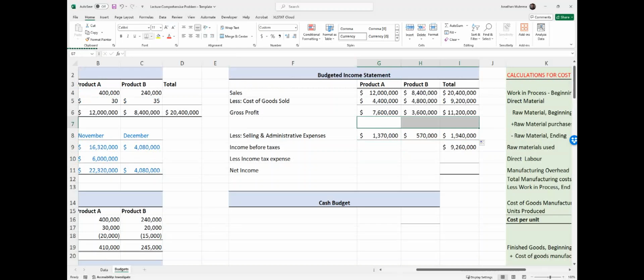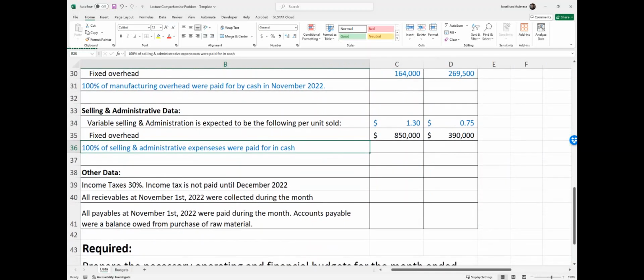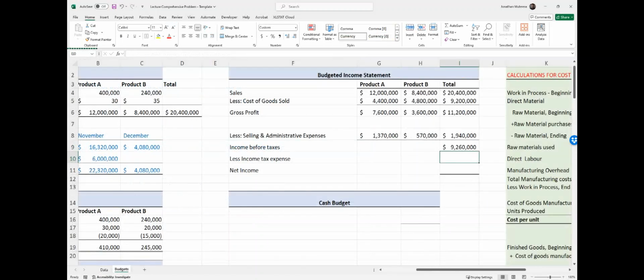All right, so gross profit minus our operating expenses gives us our net income before taxes. We are given information on the taxes. What did they say? Our taxes are 30% of the income, but income tax is not paid until December. So what is the income tax?